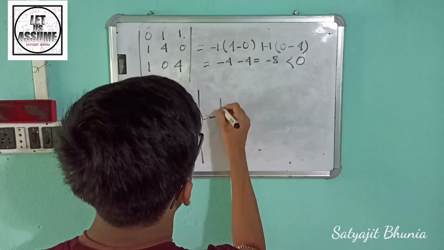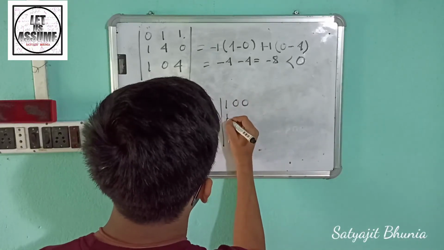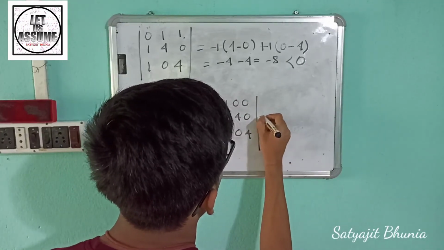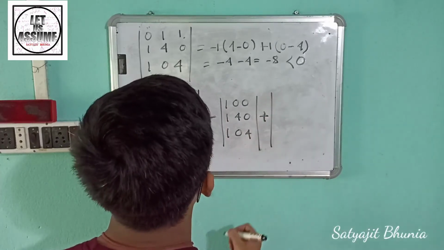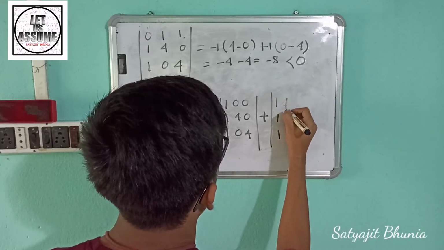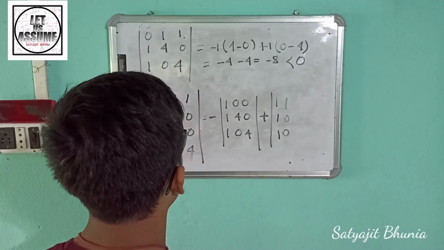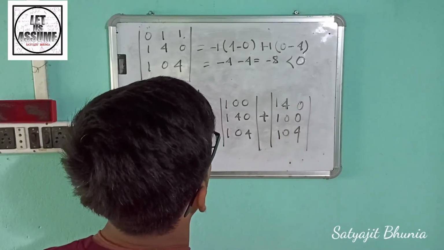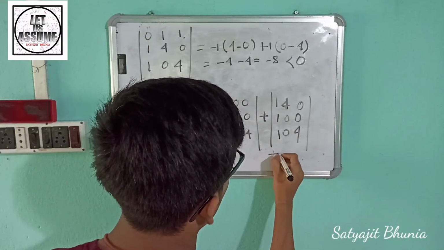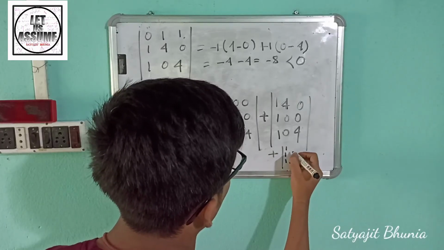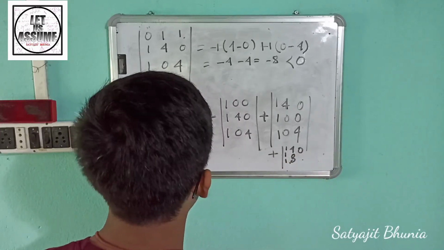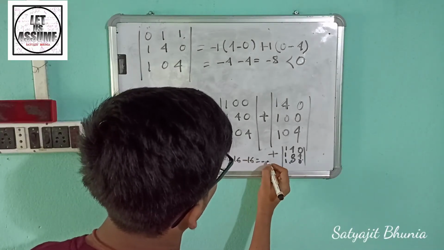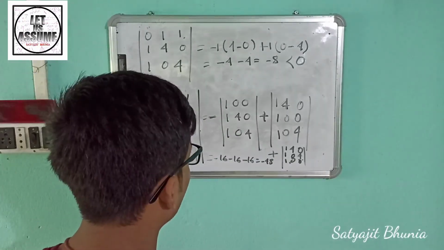So minus 1 times the determinant 0 0 1, 4 0 1, 0 4 ..., and again this will remain plus, with 1 1 1, 4 0 0, 0 0 4, and plus 1 1 1, 4 0 0, 0 4 0, and this gives the value minus 16 and minus 16, that will give minus 48.